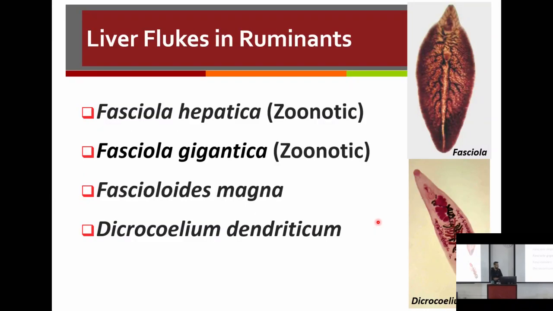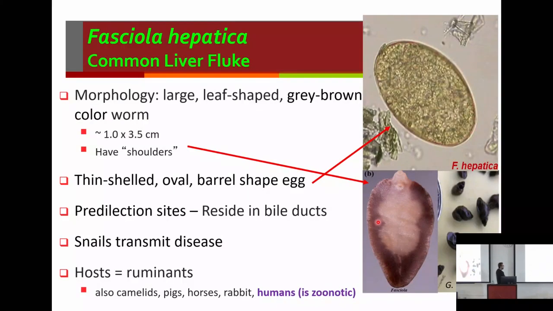Now we will cover some of the most important liver flukes of ruminants. Today we will focus on Fasciola hepatica or Fasciola gigantica, and Fascioloides magna. Tomorrow we will move forward with Dicrocoelium dendriticum. Fasciola hepatica is a common liver fluke, large, leaf shaped, gray brown in color, and you will see the shoulder here.